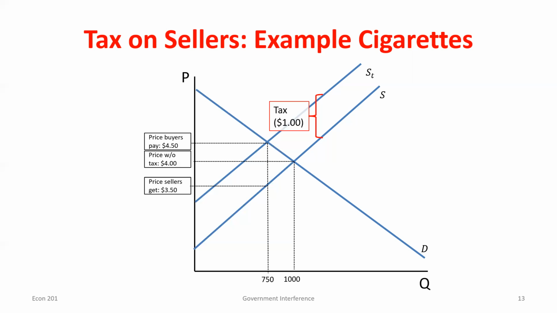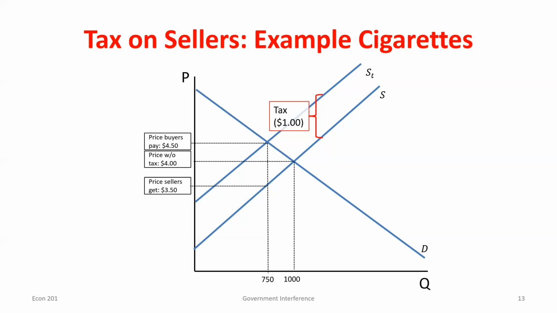Whatever the consumer paid minus the tax, in this situation $3.50. So there is no single equilibrium price after the tax is imposed. There's a price that consumers pay and a price that producers get to keep, and those two are different. So we can't keep using the same price to calculate consumer and producer surplus.